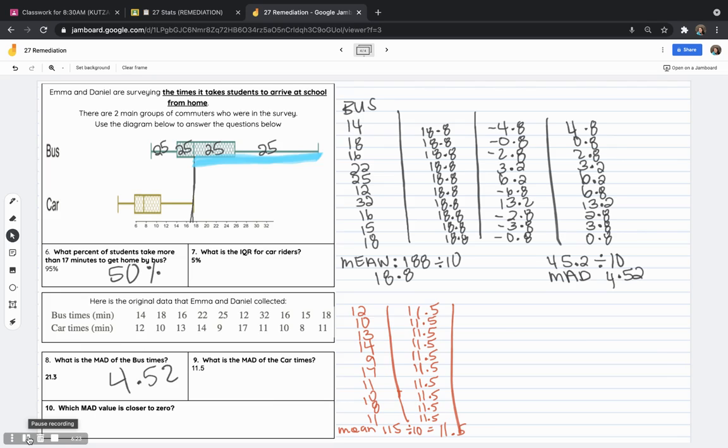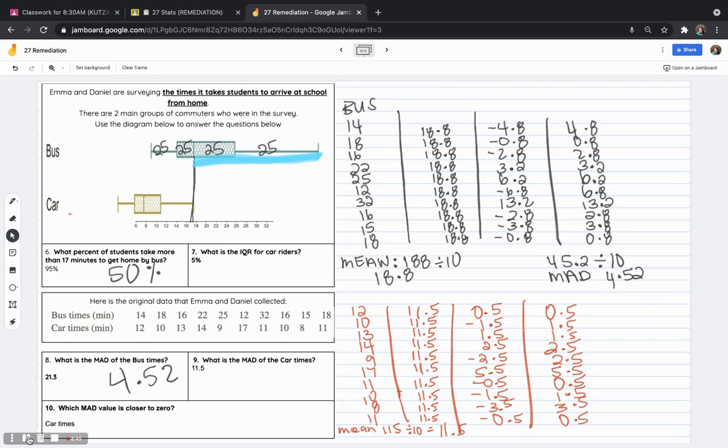So 12 minus 11.5 is 0.5. 10 minus 11.5 is negative 1.5. I'm going to keep doing that all the way down. All right, now I'm going to change everything to positive, and then I add those up and divide by 10 again. All right, so when I add all these up, I get 20. I divide it by 10 because there's 10 numbers. So that gives me a MAD value of 2.